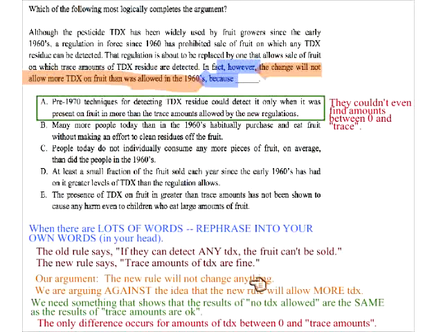For example, if you weaken the statement that the new rule will make changes, that's the same as strengthening the statement that it will not make changes. If I weaken the statement, you will grow taller, that's the same as strengthening the statement that you will not grow taller. So the skill sets are the same for those two.